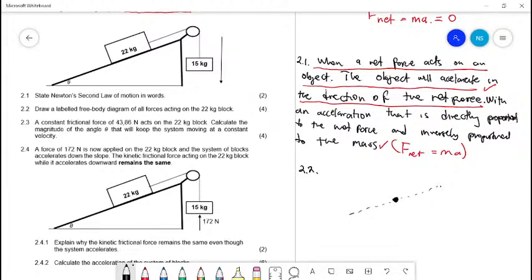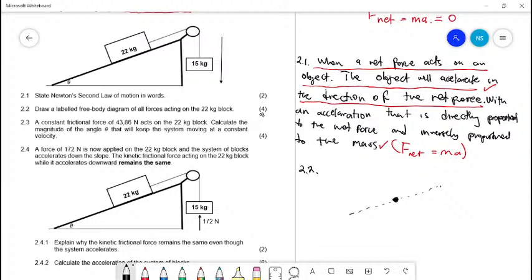So now you have to start drawing the forces. The number of forces that will be there in the diagram are usually determined by the marks allocated for that question. So when we look at 2.2, we see that this question has 4 marks.